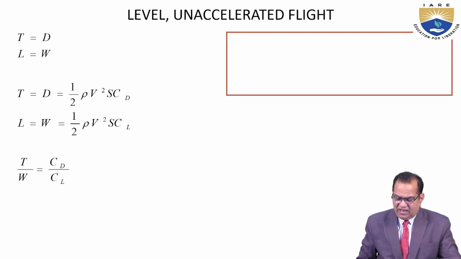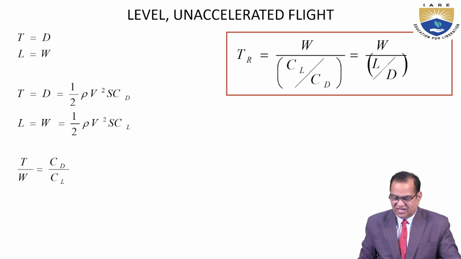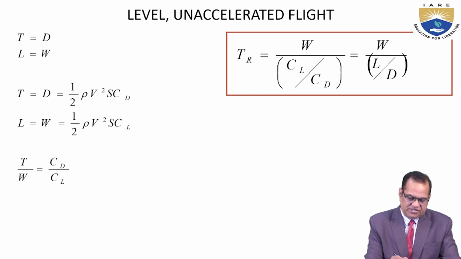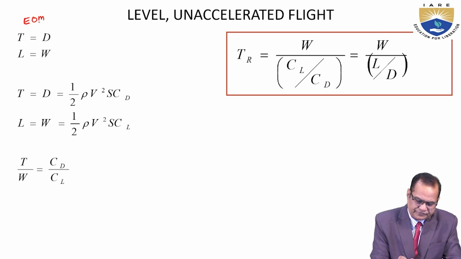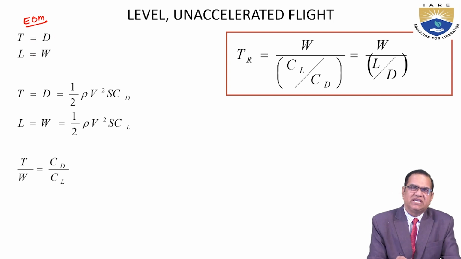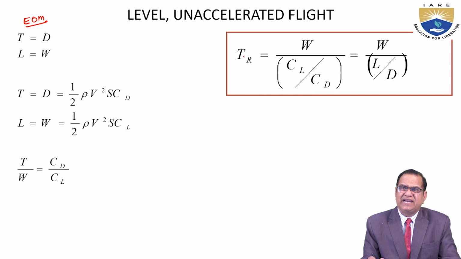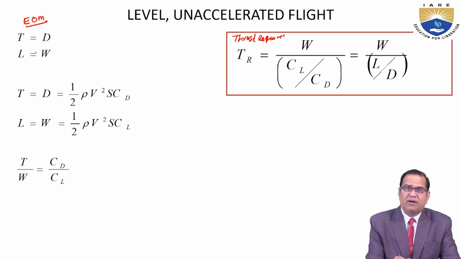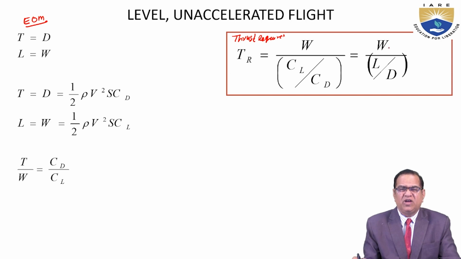Now, level unaccelerated flight. We have already derived these equations of motion: T is equal to D, L is equal to W, and we have seen that TR, the thrust required, is equal to W by CL by CD, or we can write W by L by D. When we need the thrust required to be minimum, it is like a drag.